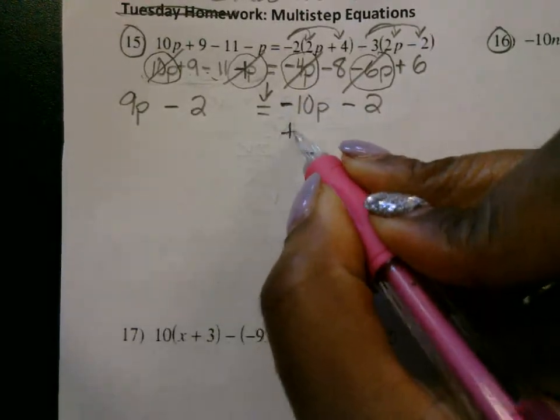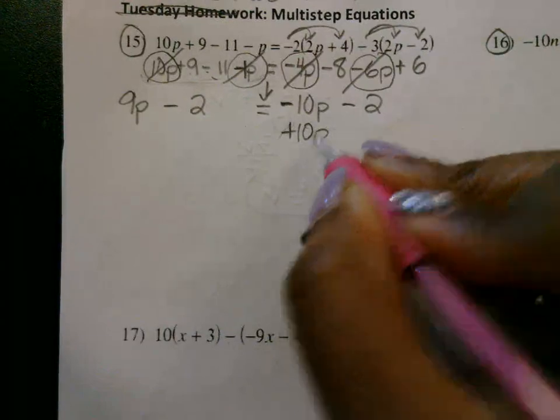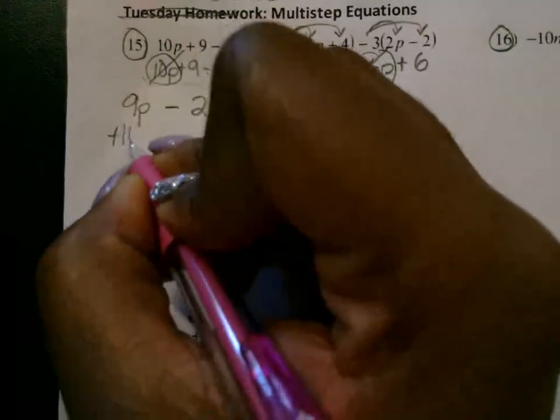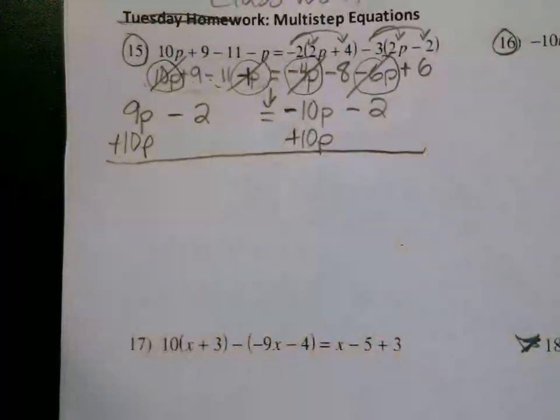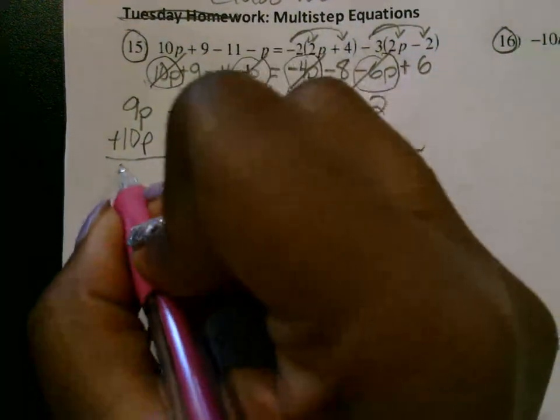So we're going to add the 10p to move it to the other side. So now we have 9 plus 10. What's 9p plus 10p? 19p.